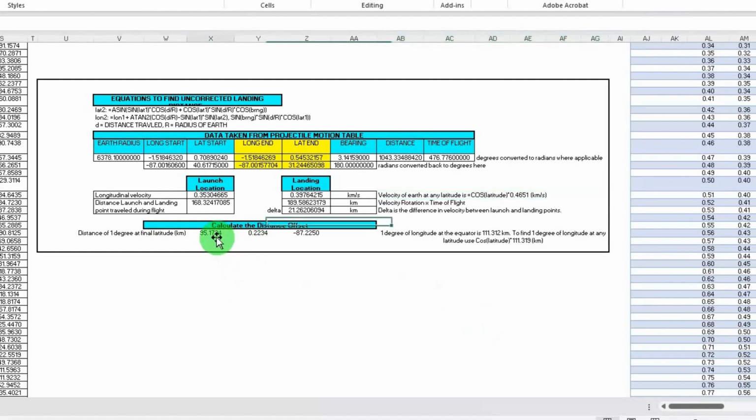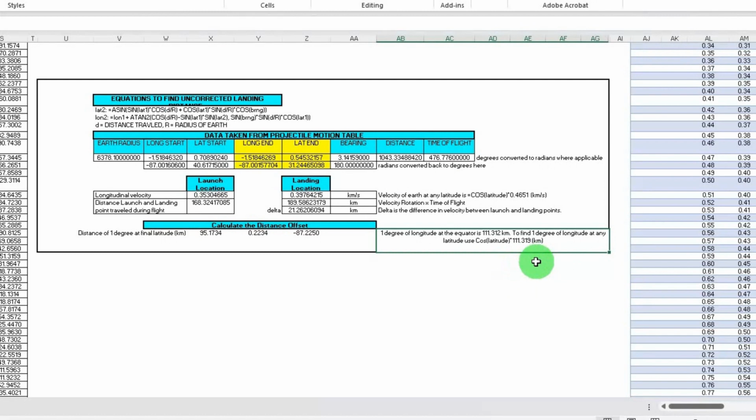Then actually to go deeper, to calculate the offset in degrees, you have to take the latitude that you're at, because one degree of longitude at any latitude is this equation here: cosine of the latitude times 111.319 kilometers.